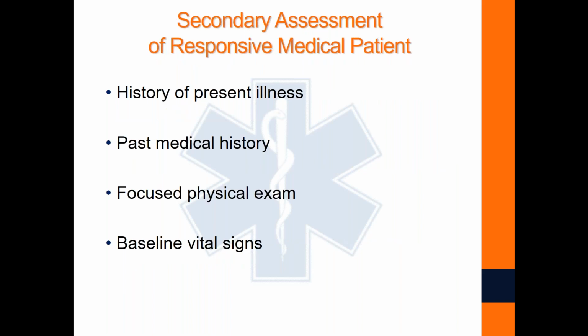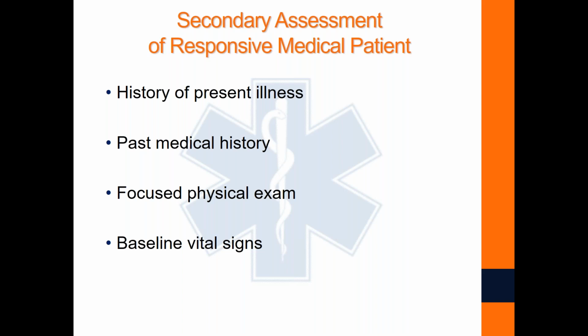After we do our primary assessment, so we've done our scene size up, we've done our primary assessment, now we are going to get into what's called our secondary assessment of the patient. Our secondary assessment is where we actually figure out what is going on with this person. We're going to ask them questions.